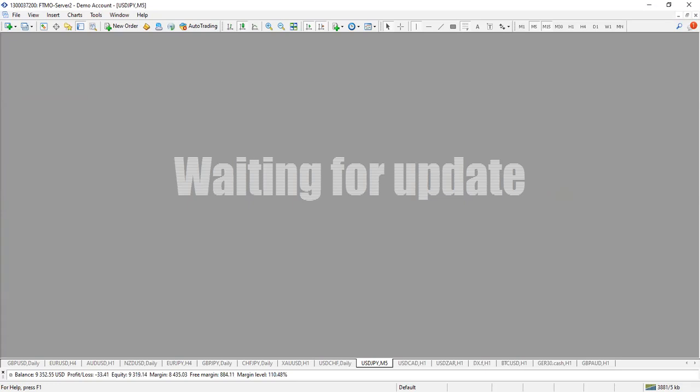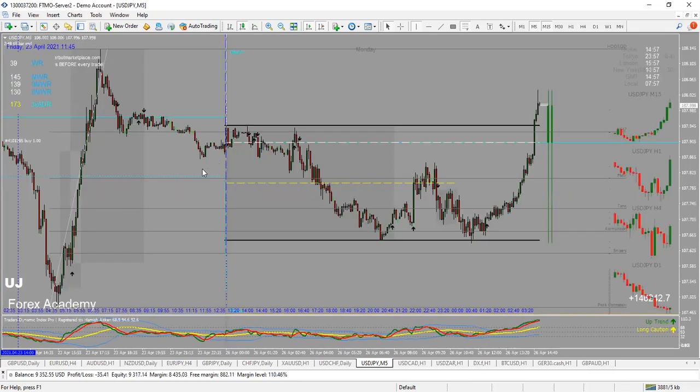the video will end in 10 minutes. Look how they bounced on our OTE, guys. This is the last candle of the red candle. Look at that, guys. What a nice bounce.